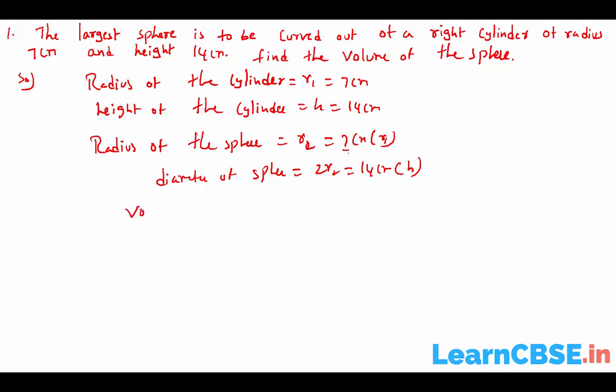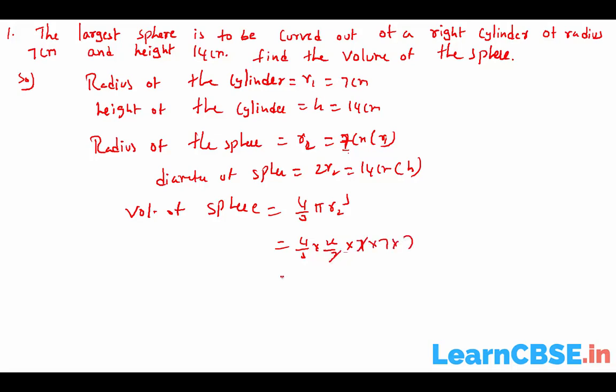Therefore volume of sphere with radius 7 centimeters equals 4/3 pi R2 cube, 4 by 3 into 22 by 7 into 7 into 7 into 7.